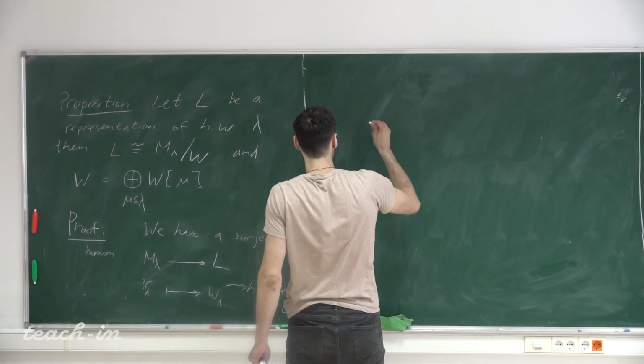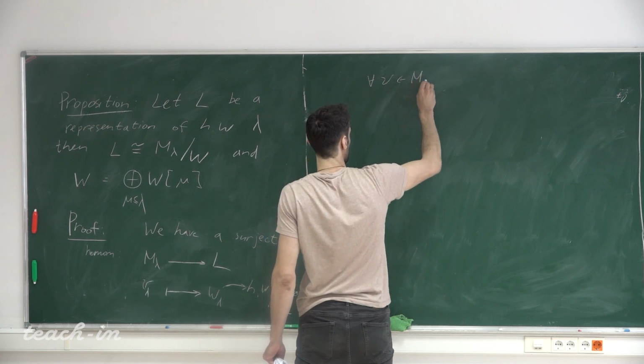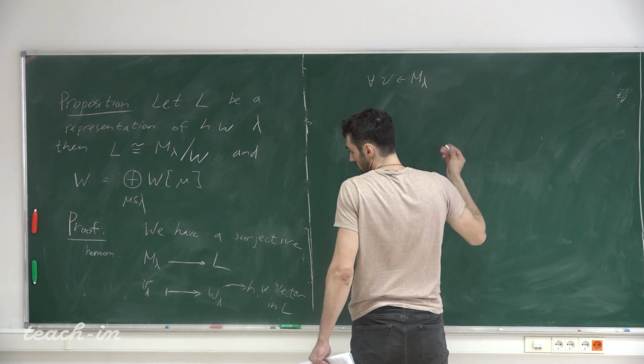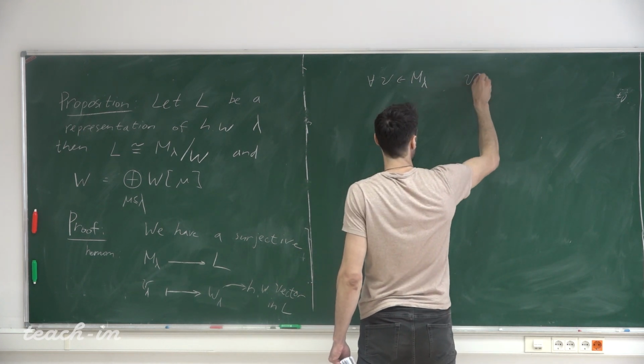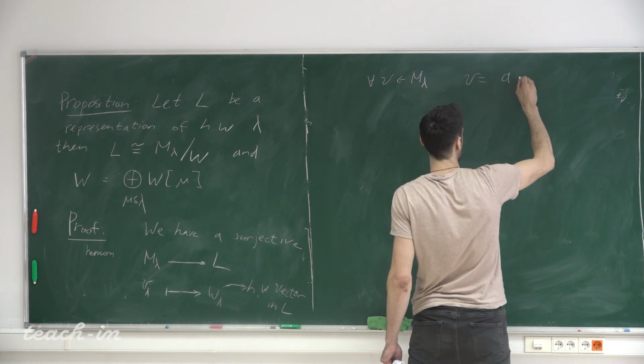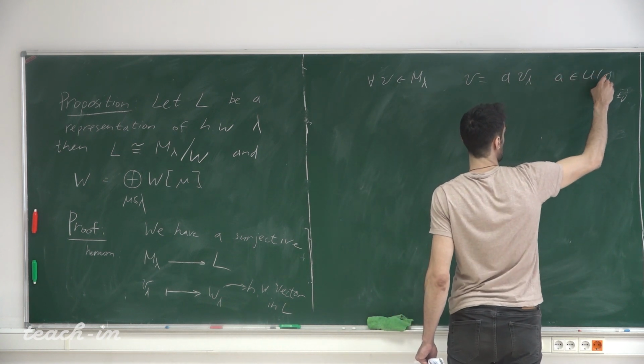So take any v in M lambda. V is actually some a applied to v lambda, where a is an element of U(g).